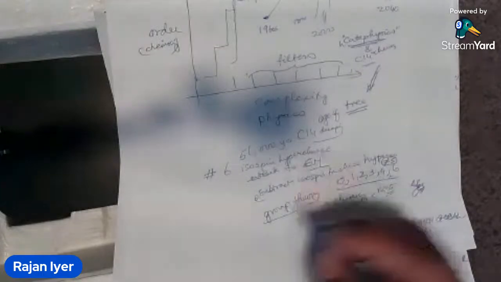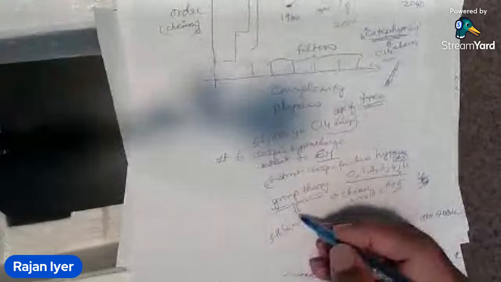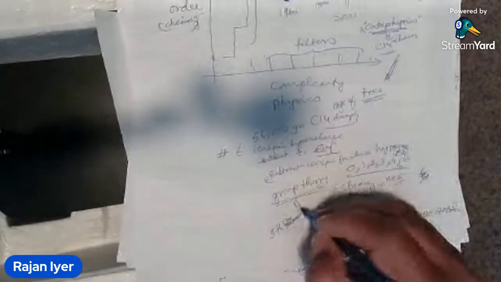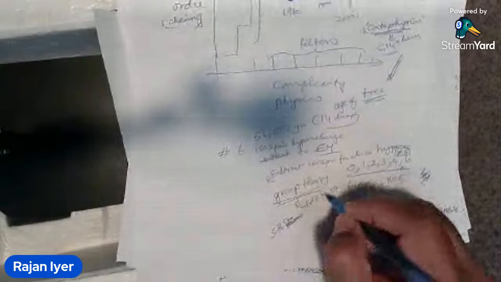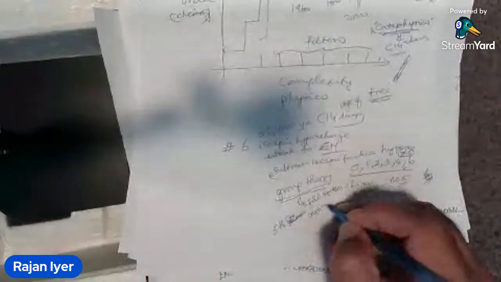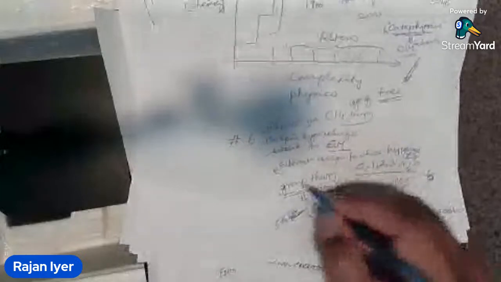Group theory also says 5-fold symmetry is not real, although group theory, crystallographic group.